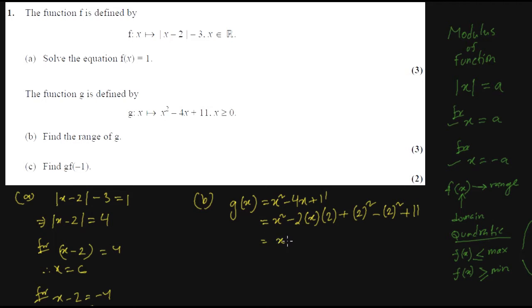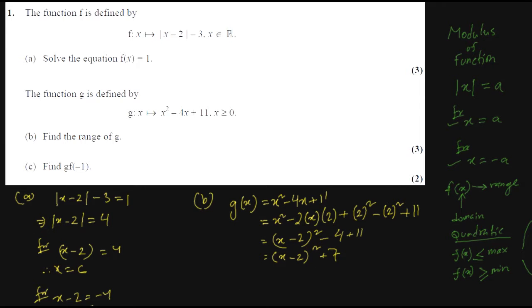So this is going to be a minus b whole squared, so we have minus 2 squared is minus 4 plus 11, so this is going to be (x minus 2) whole squared plus 7. So from here we can know that the turning point is (2, 7).